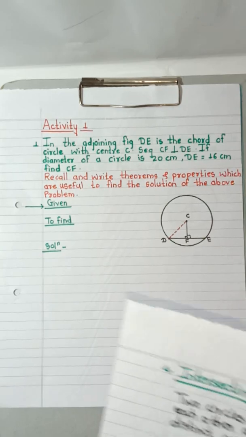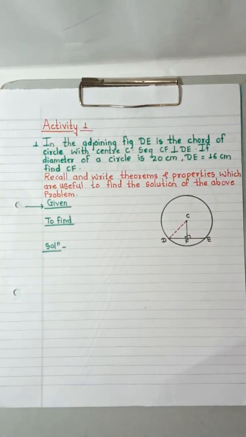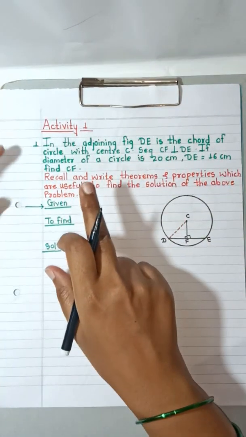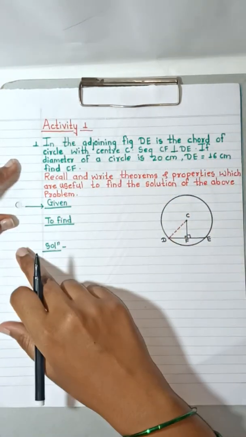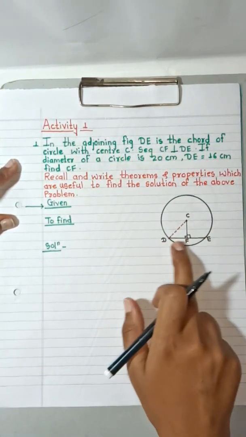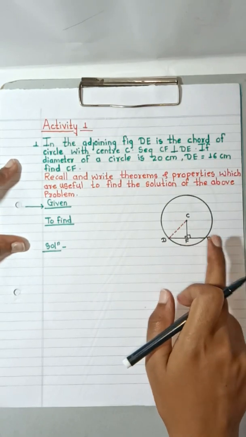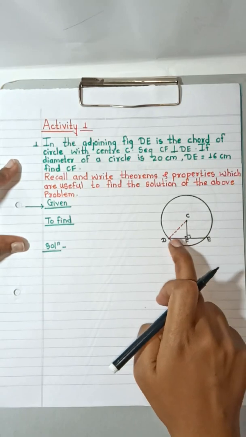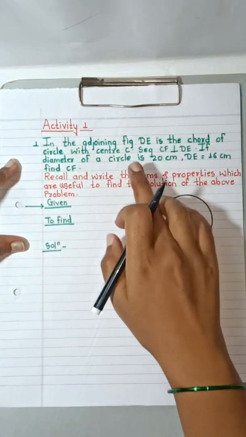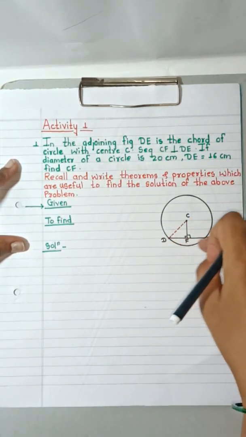Now children, in activity 1, in the adjoining figure, DE is the chord of the circle with center C. Seg CF is perpendicular to DE.